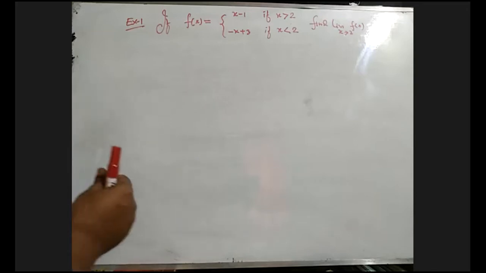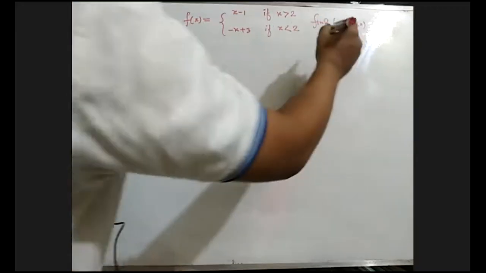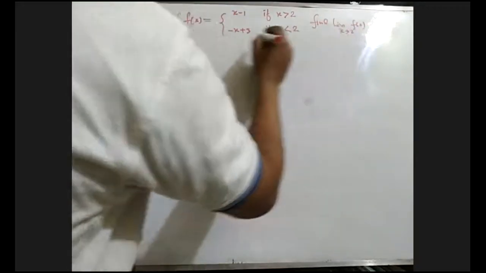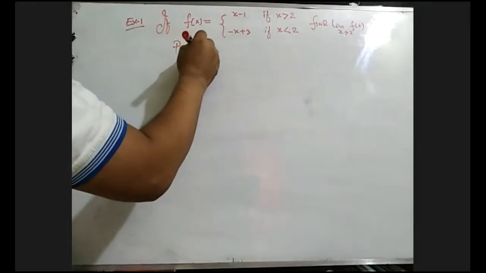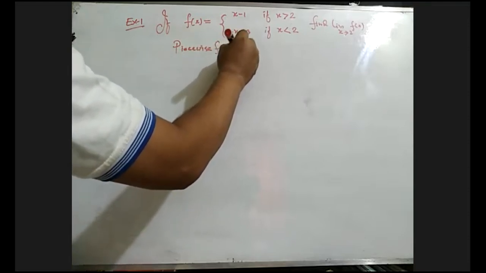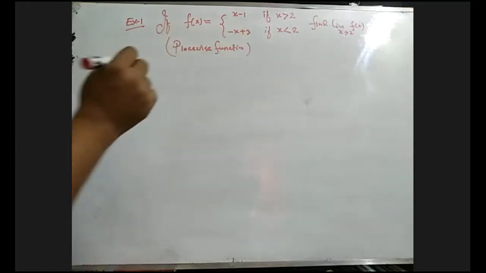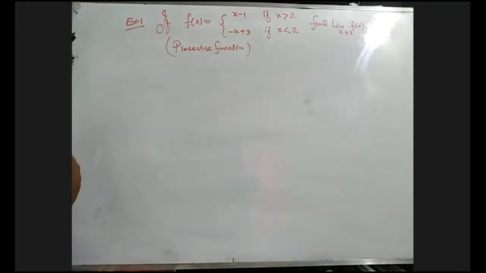Okay, now one example of limits for a piecewise function. Actually, this is a piecewise function. In the previous lecture, we solved for polynomial functions.